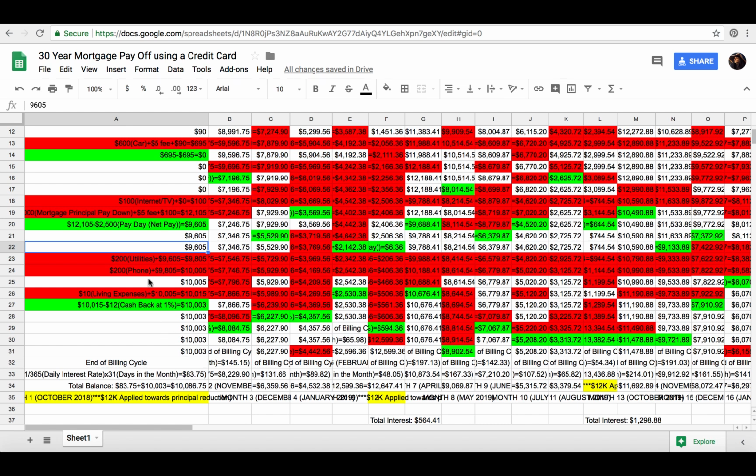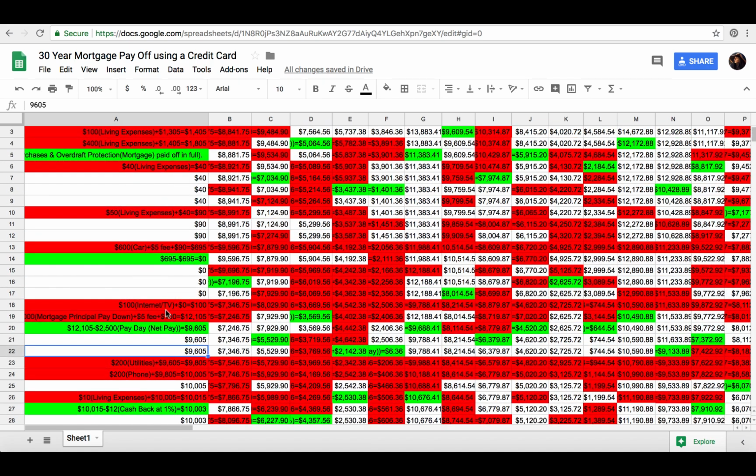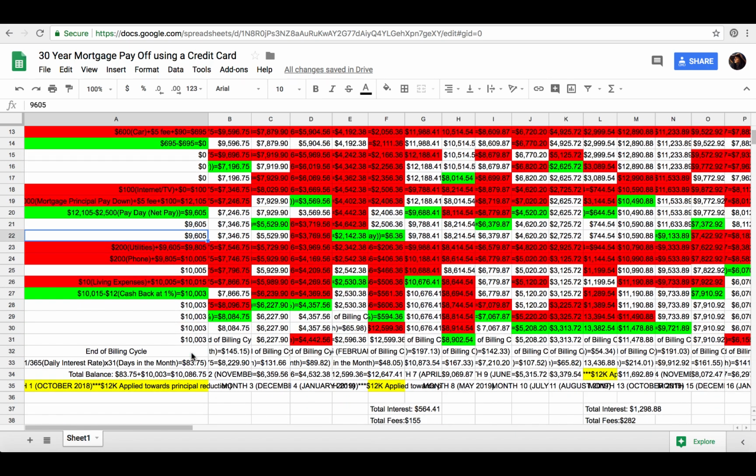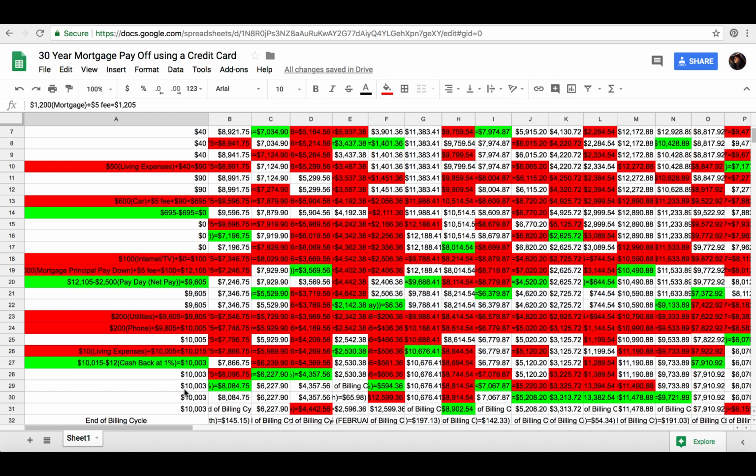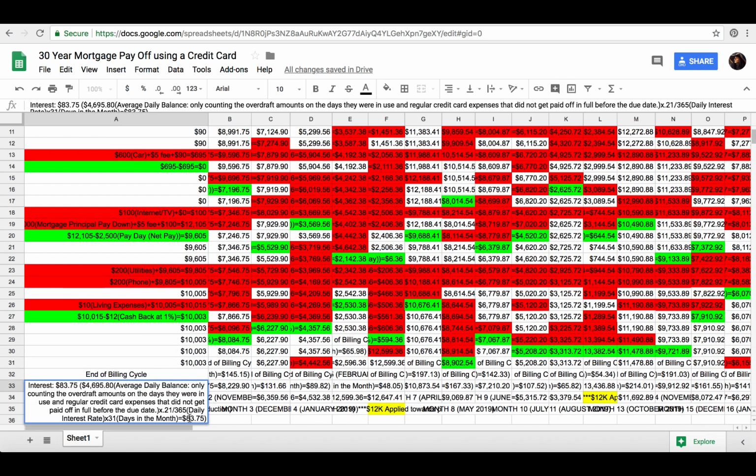Well, the reason that this strategy calls for using this credit card or this line of credit account as a checking account is that by this movement of money, you capture the interest savings. Because if we just did this $12,000 on day 1 and didn't use this card for anything, the average daily balance for every single day would just be $12,000. So the interest would be around $200 for this first month instead of $83.